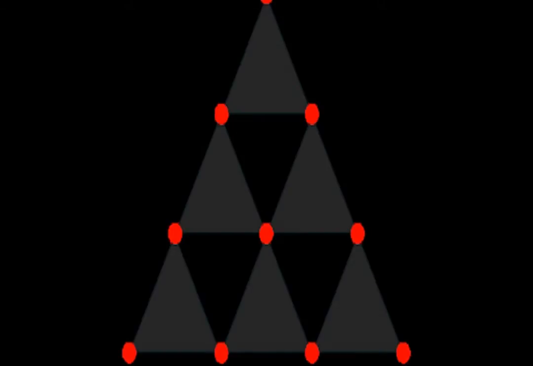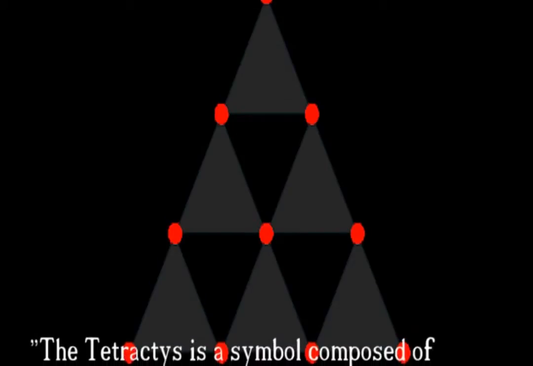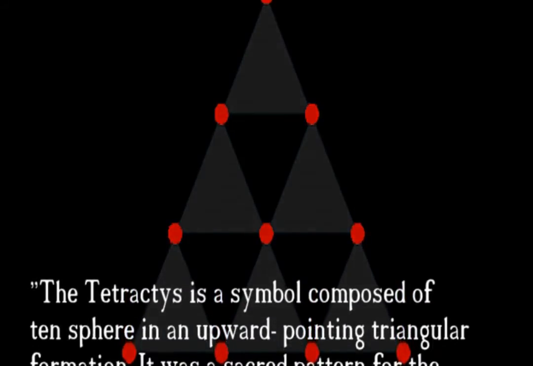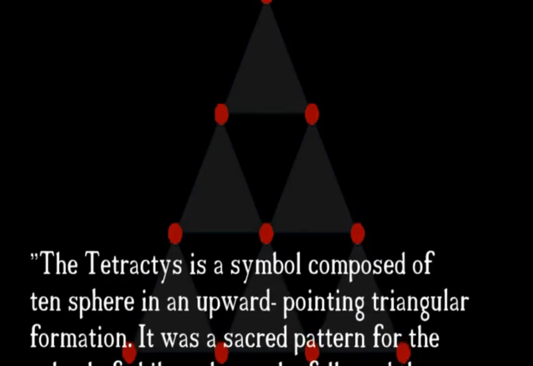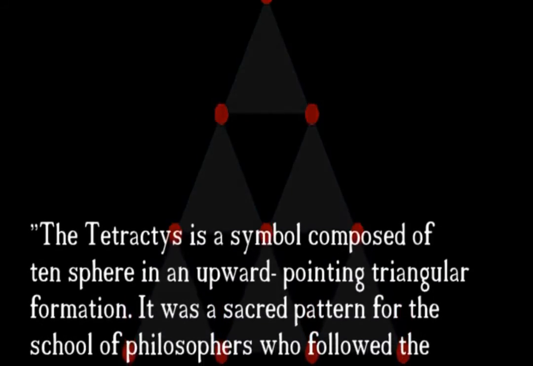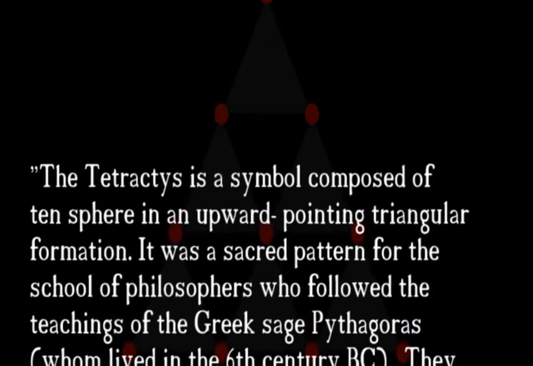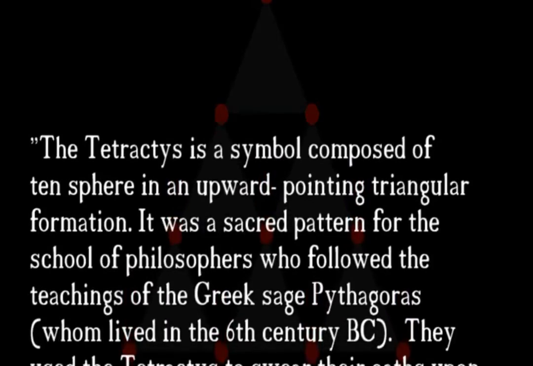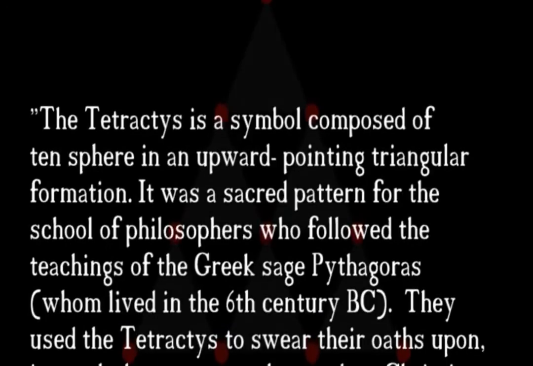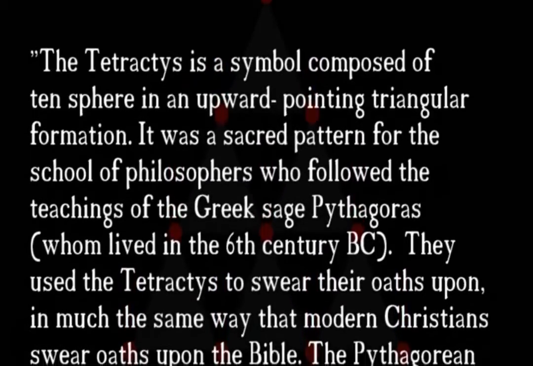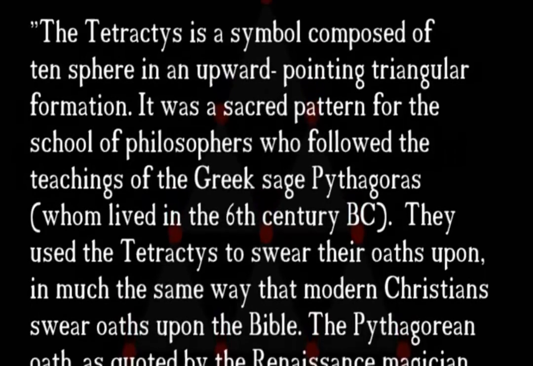Now, here is a quick explanation about the tetractys. And it reads, the tetractys is a symbol composed of 10 spheres in an upward pointed triangular formation. It was a sacred pattern for the school of philosophers who followed the teachings of the Greek sage Pythagoras, who lived in the 6th century BC.